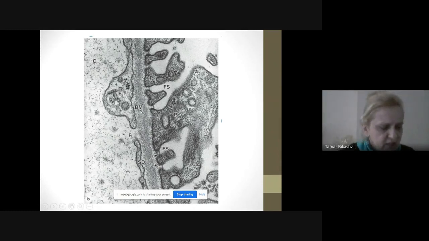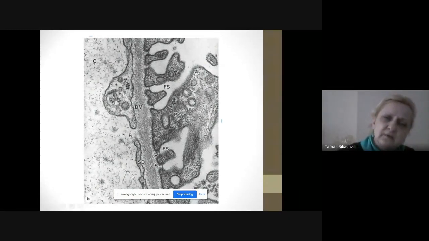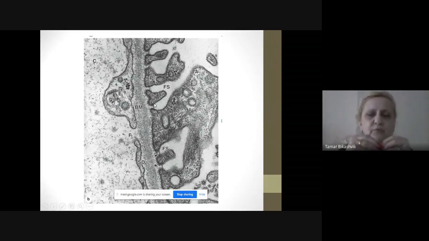Yes, a very big basement membrane is here. This basement membrane is formed by two different cells, the endothelial cells and the podocytes, which both form this very thick basement membrane, approximately 300 nanometers. Endothelial cells you can see, and the fenestrations are also visible here.